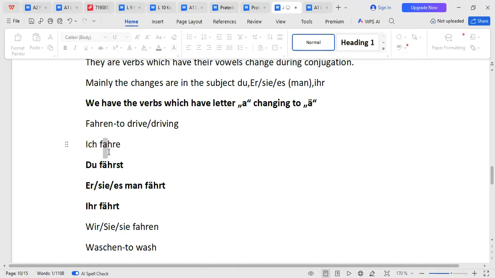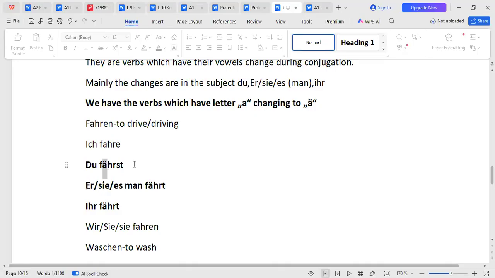In German, letter A is pronounced as A. Fahren, ich fahre. But if it has changed to A umlaut, I like calling it the special A, because it has some dots on top of it.